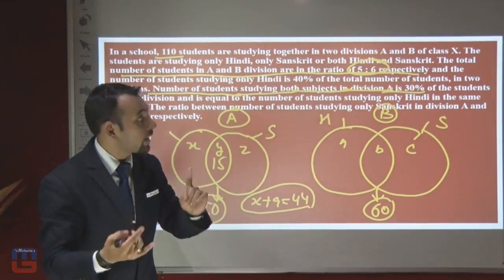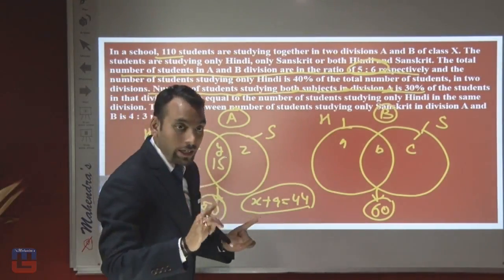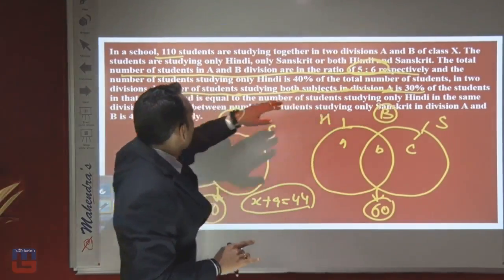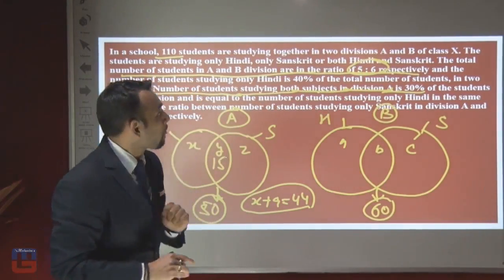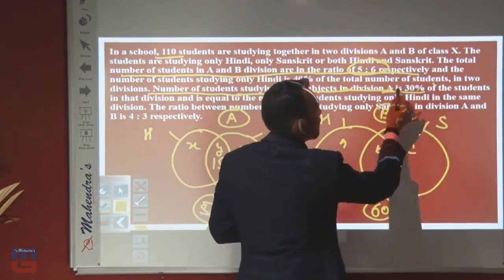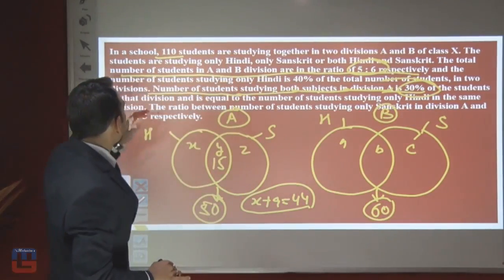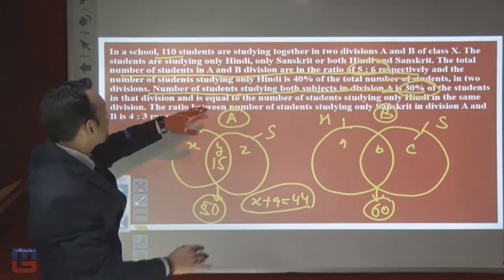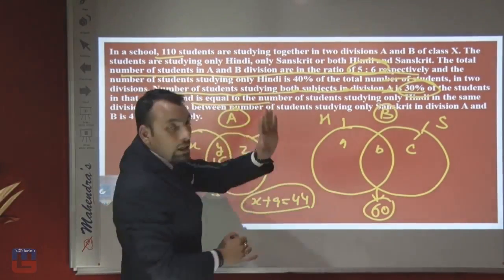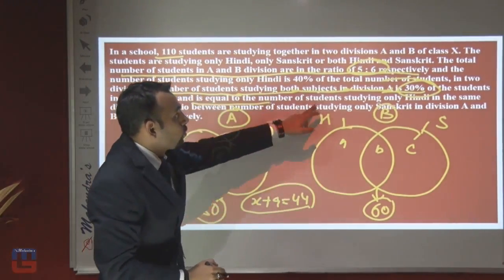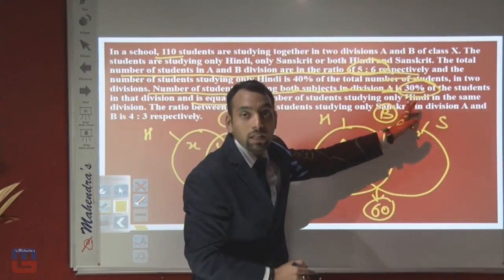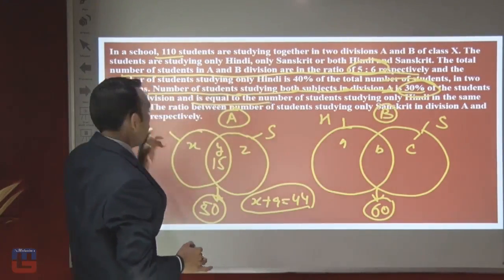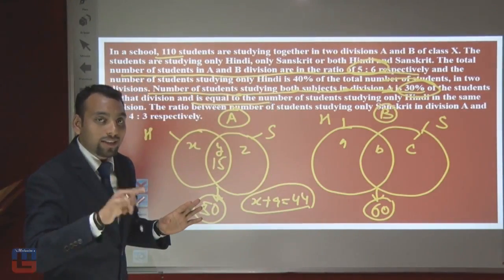Number of students studying both subjects is 30% of the division. 30% of 50 will be 15, and this is equal to the number of students studying only Hindi in the same division. What does it mean?